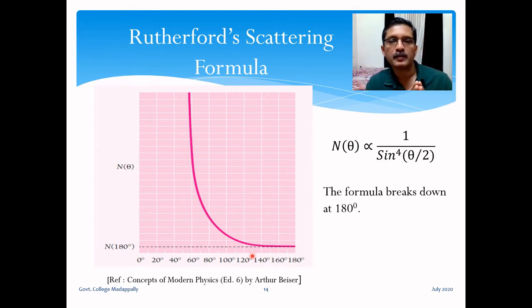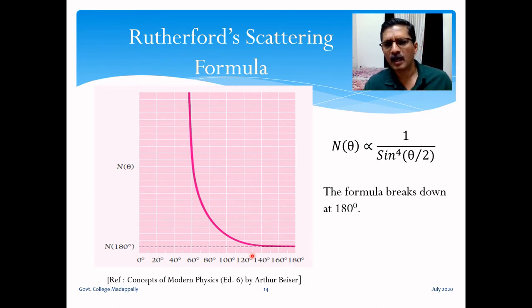These different aspects were experimentally verified in the 2-year period between 1911 and 1913 by Geiger and Marsden in Rutherford's lab. It was found that this formula was essentially correct, and it matches very well with experimental data.